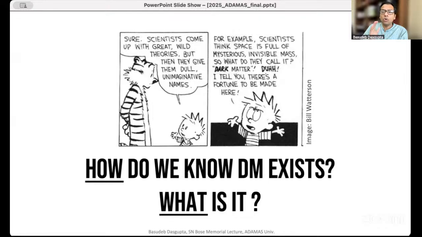Okay, so how do we know that this is true? And then the second part of the talk will be trying to address, okay, if there is such a matter called dark matter, what is it? What is it made of? Okay, so that will be the program for today's talk.